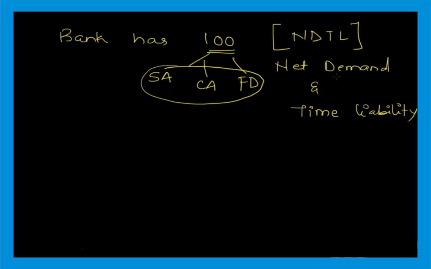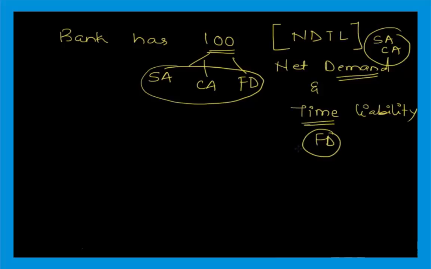Now what's a demand liability? Demand liability typically comprises savings accounts and current accounts, which can be demanded by the customer at any point in time. Now what is time liability? Time liability is typically a fixed deposit, which is fixed for a certain time. So let's say the bank has 100 rupees as NDTL.